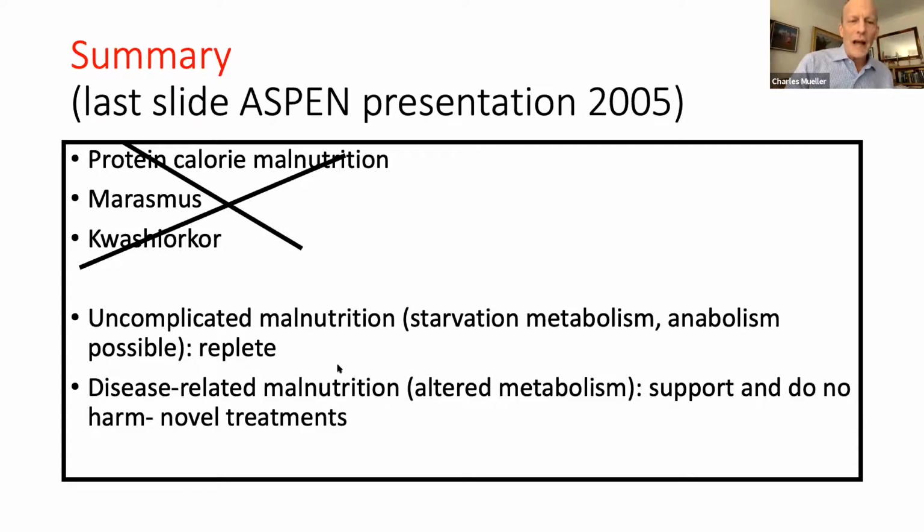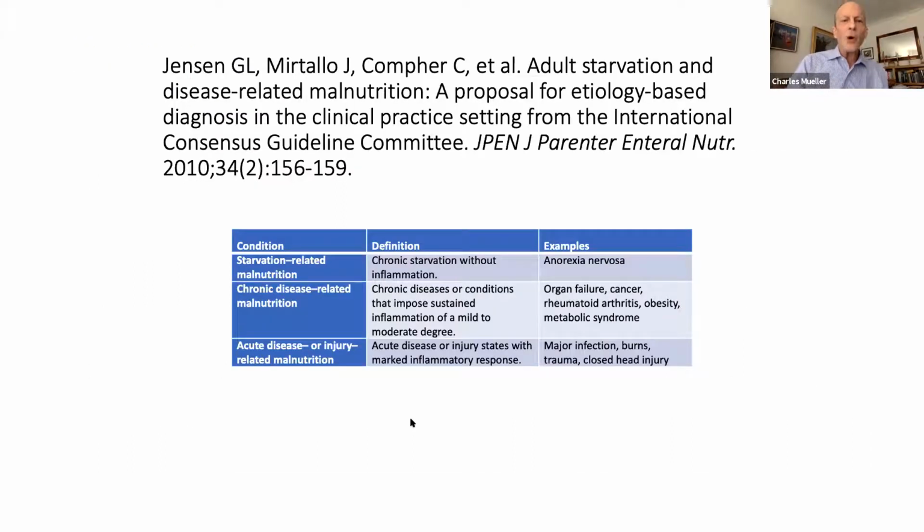We all have anabolic capability, right? In the morning, we're catabolic, we eat, we're anabolic. Not so with chronically ill people. They are catabolic until you get rid of the stimulation of the systemic inflammation. And lo and behold, 5 years later, Gordon Jensen and a group from Aspen, all of whom I know well, I was feeding them information, and I was so thrilled with what they were doing with a group of Europeans.